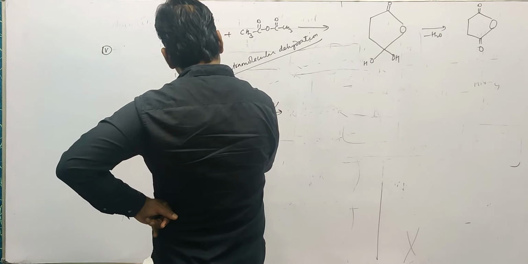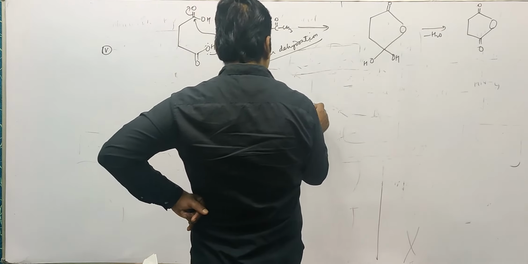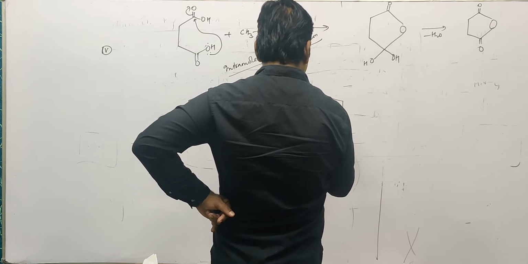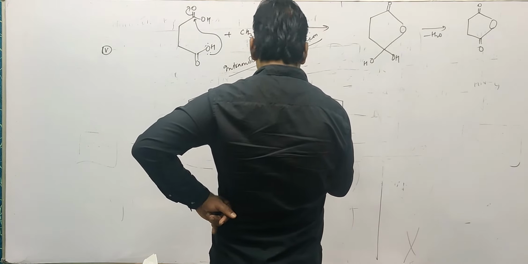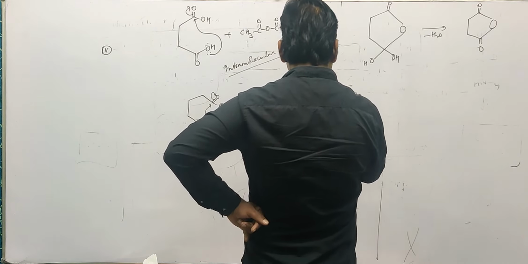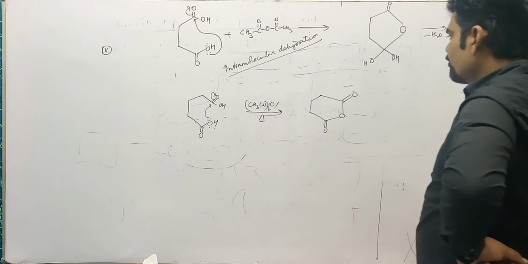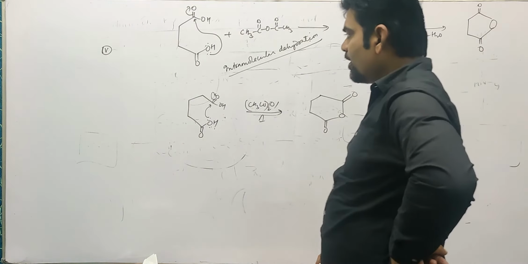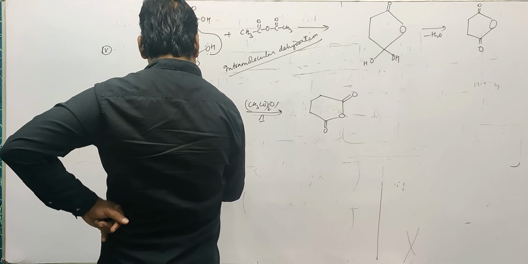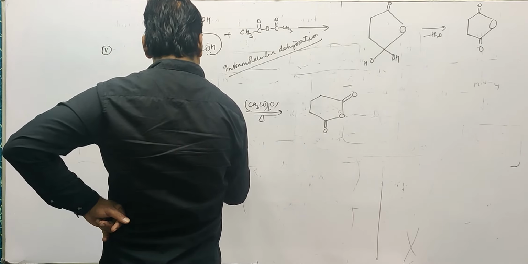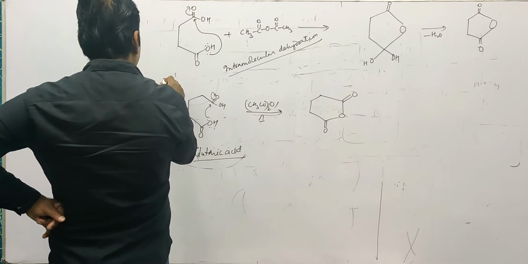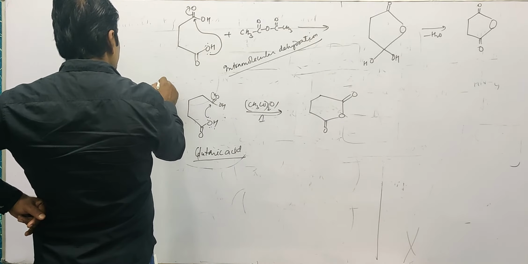This lone pair approaches and this bond is transferred, and it becomes like this, with double bond O at both places. So it forms a 6-membered anhydride, glutaric anhydride. This is 1,5-dioic acid, glutaric acid, and that is 1,4-dioic acid, succinic acid.